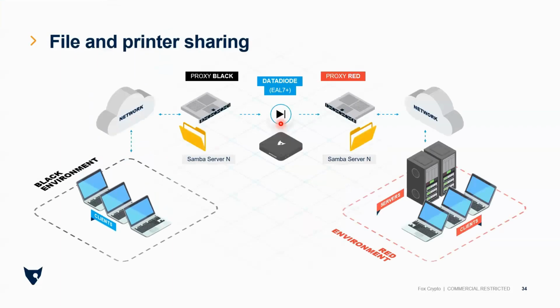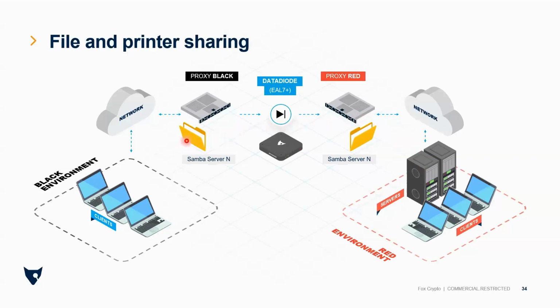I think 95% of our customers are using a DataDiode to transfer files across. So I have my black network, I have certain information, I send it across to the red network. There the data is enhanced, becomes more valuable, especially for hackers, but it is physically impossible that data flows back.